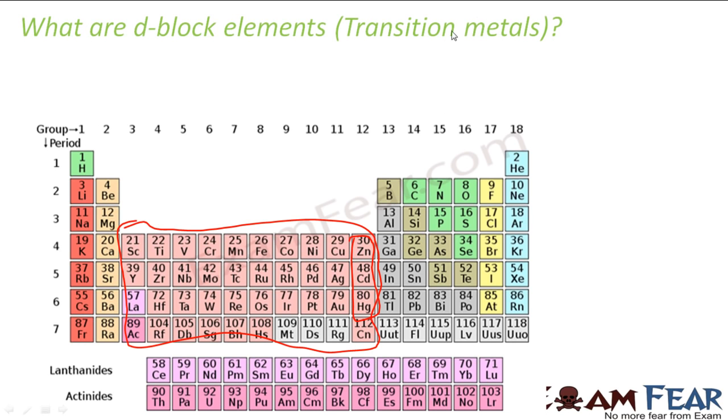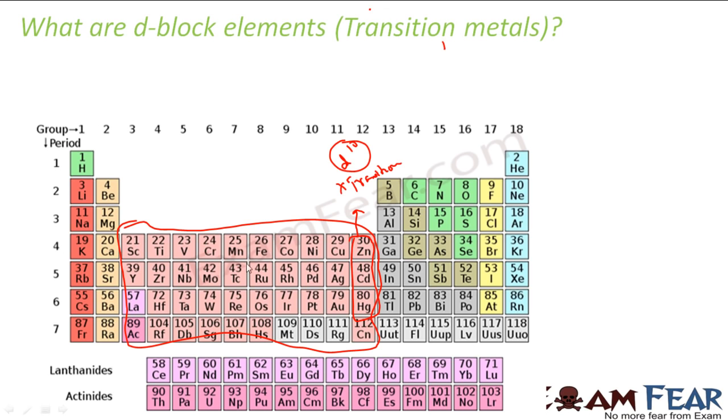Because for transition metals the definition is that they should have an incompletely filled D orbital. We'll talk about that later, but just understand that these are not transition metals. Why? Because when we talk about the electronic configuration of these, you will get D10. D is filled. If D is filled, they are not considered as transition metals.